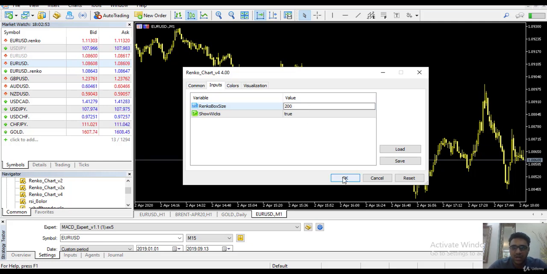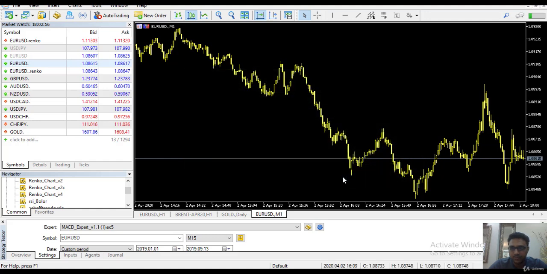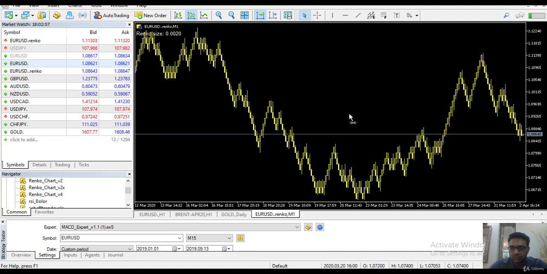Let's look at how this will come out. So this is one brick representing 200 points. And now you can see this gives an even clearer picture. There are very few ranges, and 80 to 90% of the time it seems that the chart is in trend. So each brick represents 200 points.